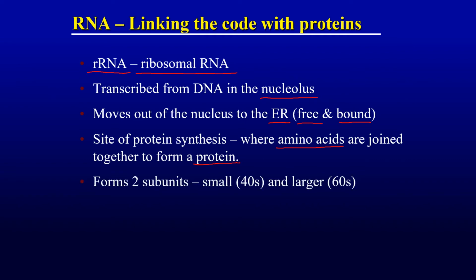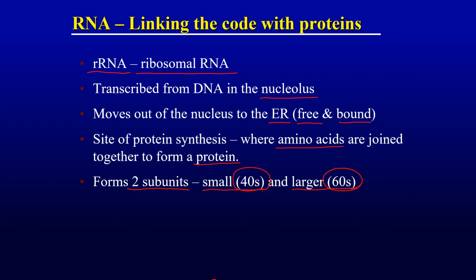Now, ribosomes themselves consist of 2 subunits. In eukaryotic cells, we've got a small ribosomal subunit that has a size of 40S, and then we've got a larger ribosomal subunit that has a size of 60S. Now the 40S and the 60S refer to sedimentation coefficients, and it's a measure of how readily these subunits precipitate out in a centrifuge.